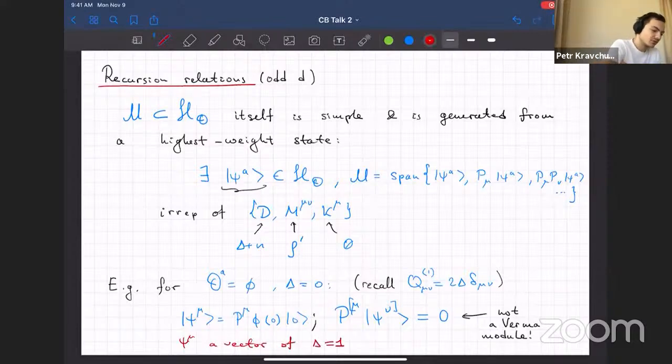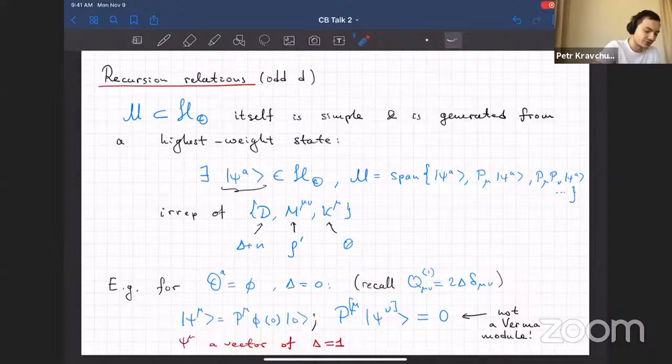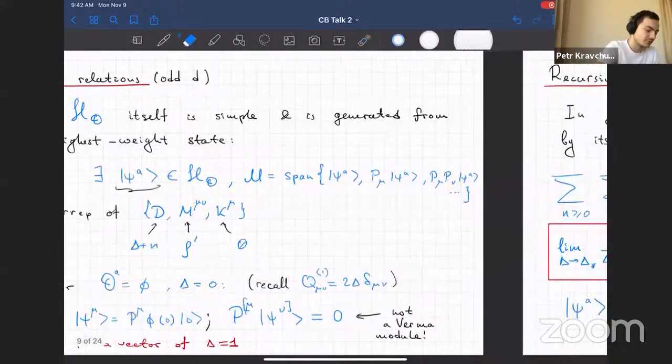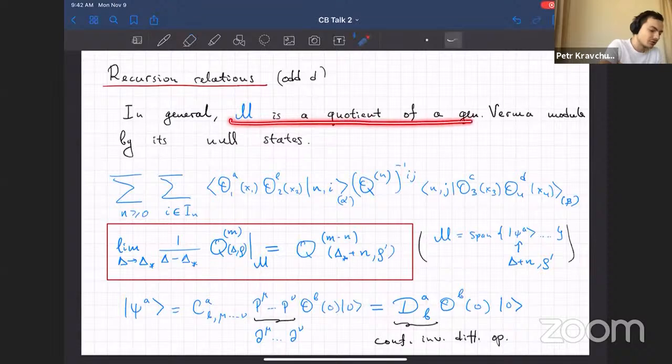And you can build a Fermat module starting from such a highest weight, and you will find that this state is not 0 inside of this Fermat module, but it's null. And the way you get M is you quotient this Fermat module by all null states. So in general, this submodule that develops inside of our representation has a structure that it's a quotient of a Fermat module by null states.